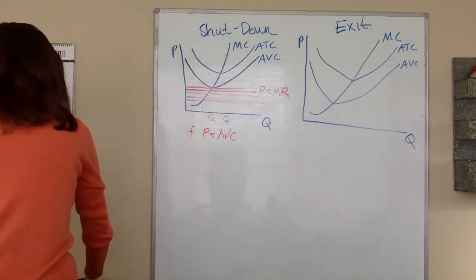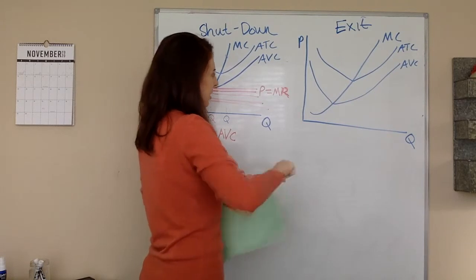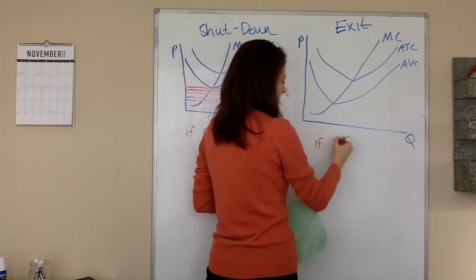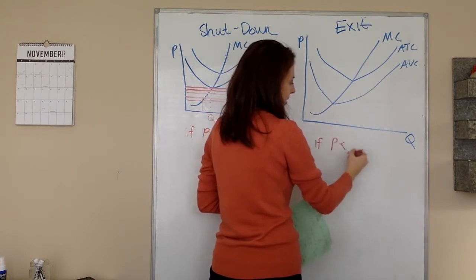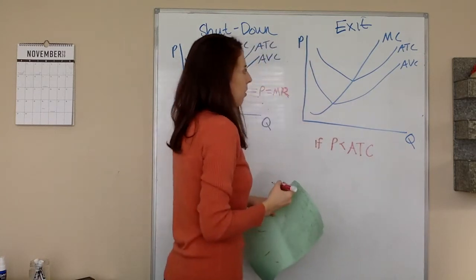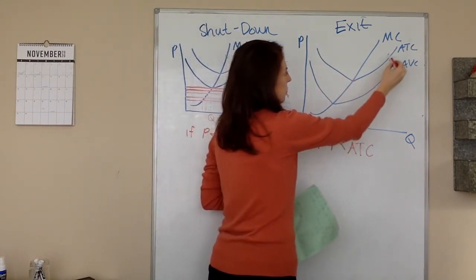Now in terms of exiting the market, the firm will exit if the price is less than the average total cost. Here's the average total cost.